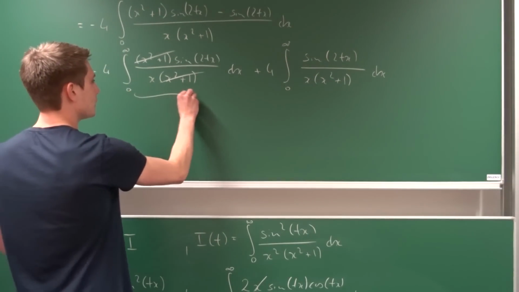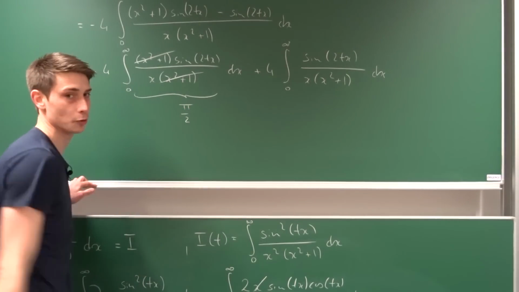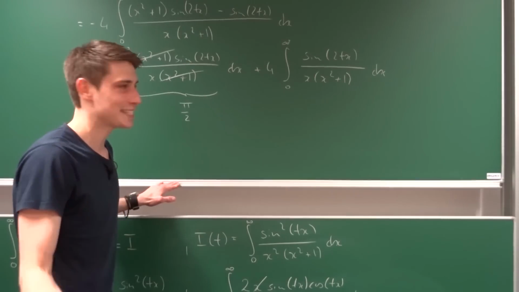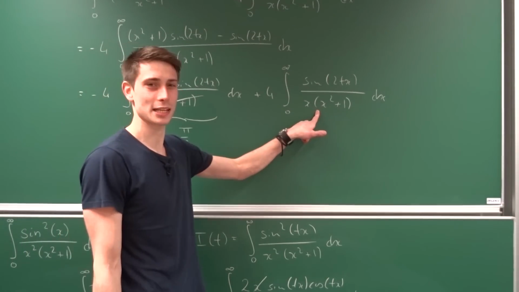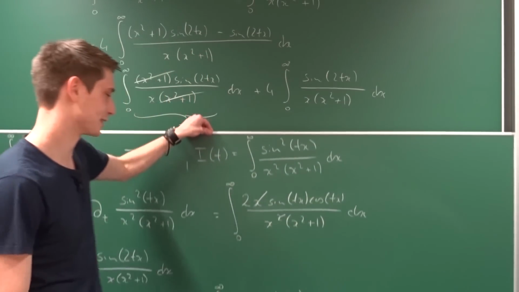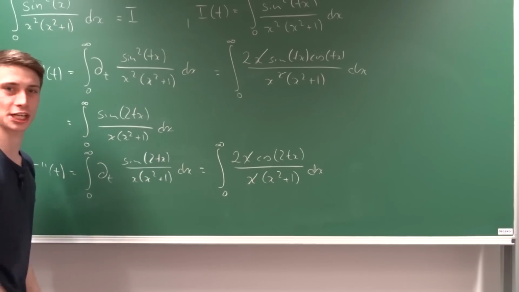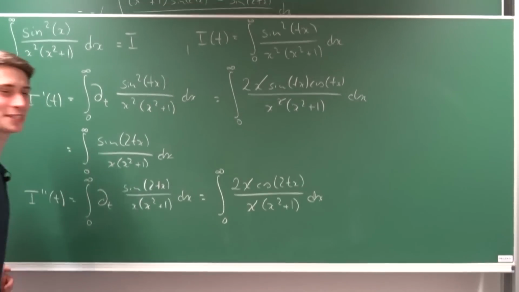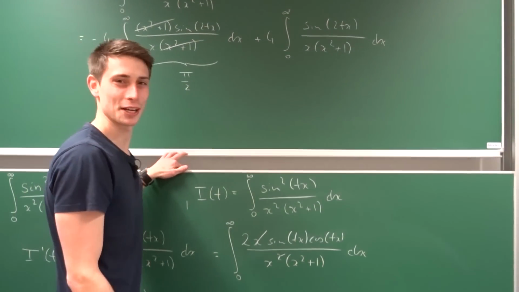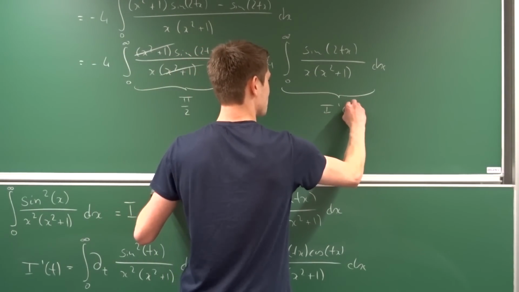That means this integral right here will evaluate to pi over 2. That's amazing. And what is that integral right here? I'll tell you what that is. If you take a closer look, this is just that bad boy right here, I prime in terms of t. Oh, what a coincidence. So this is I prime in terms of t.